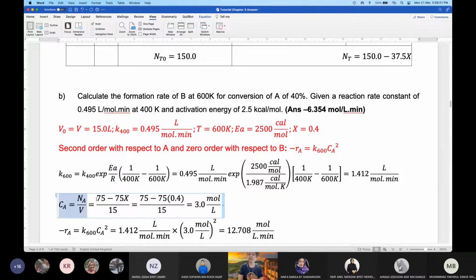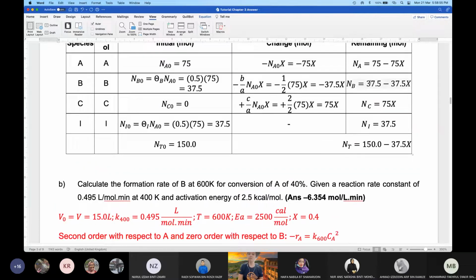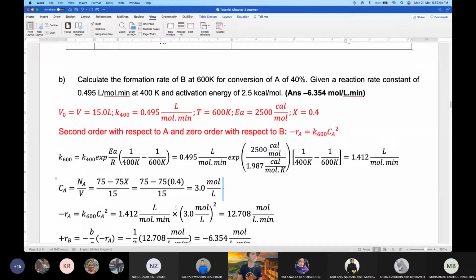Okay. How do you find NA? So NA, the remaining moles of A, tengoklah stoichiometric table. Stoichiometric table dah kata NA equals to 75 minus 75X. So ganti sahaja NA 75 minus 75X divided by the reactor volume. Reactor volume given as 15 liter. Dah beritahu.